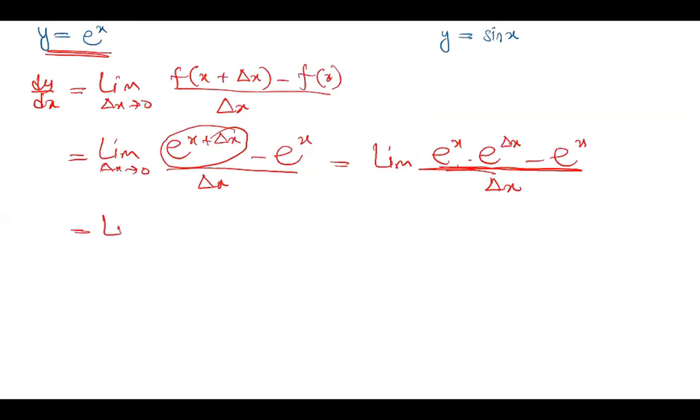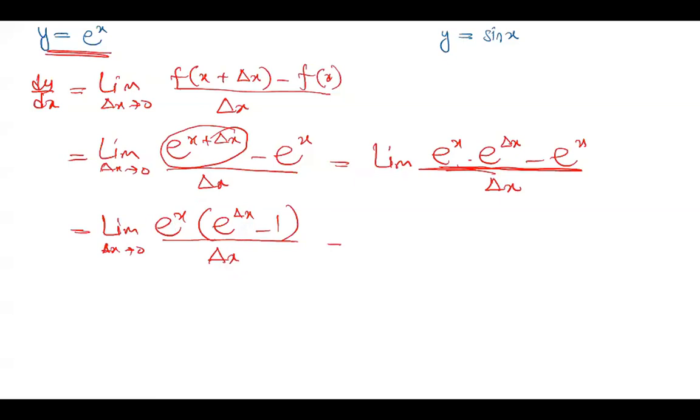So let me write the limit again here. And e to the power x, if I take this common outside, I'm left with e to the power delta x minus 1. And of course, the limit is about delta x, so delta x goes to 0. As you can see here, we have delta x here, and this one is e to the power x. There is no delta x here.